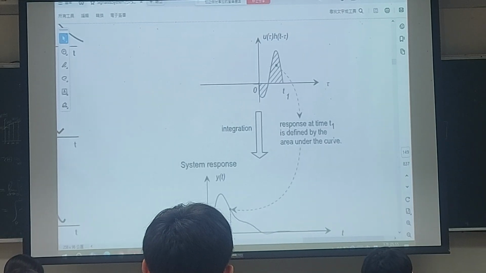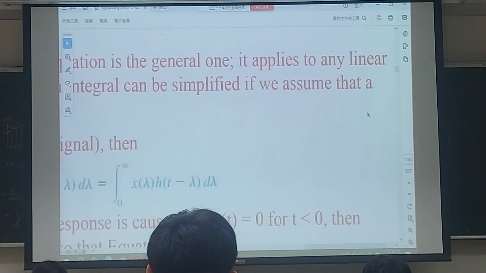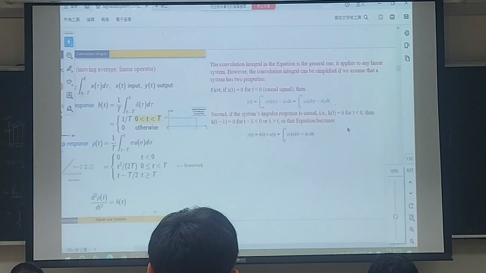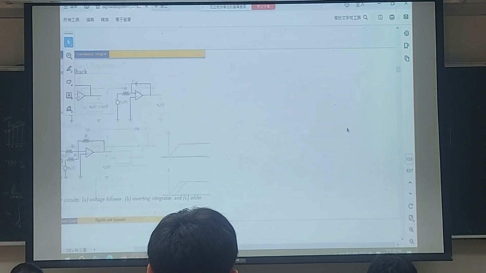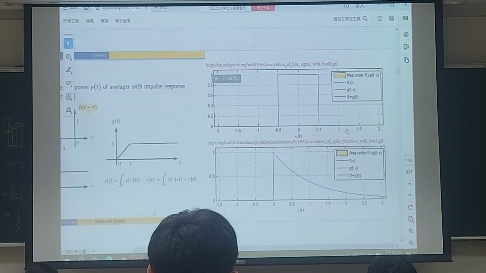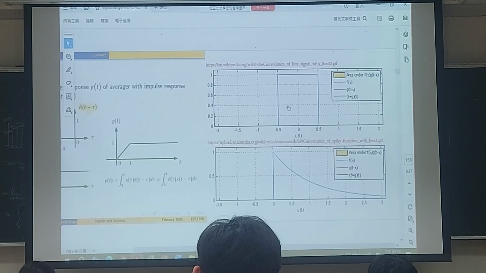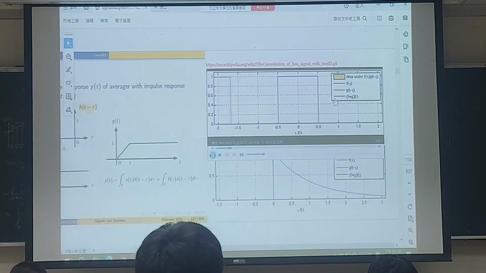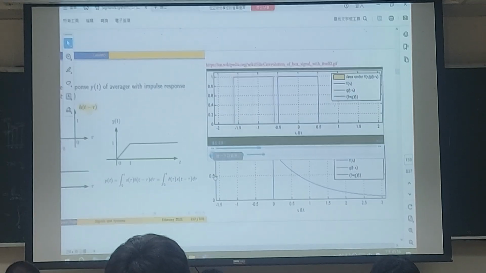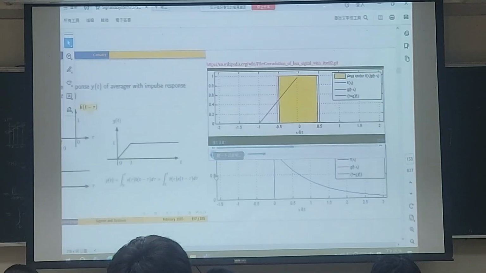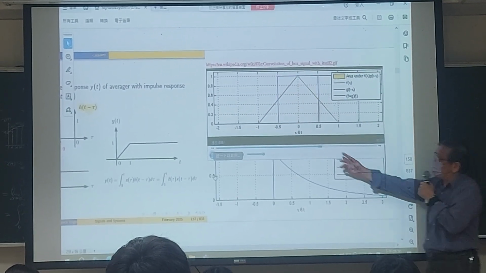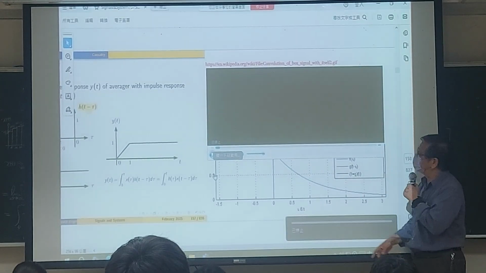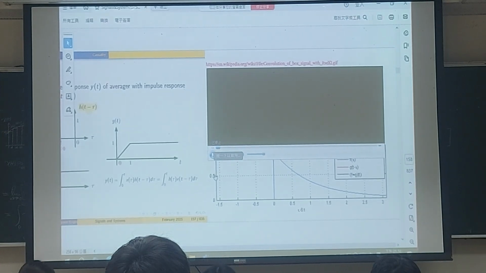Now let me show you one interesting animation. Hopefully it works. So this curve is the output curve. One more time.